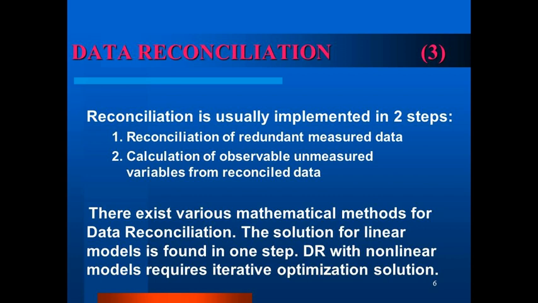There exist various mathematical methods for decomposition of the main model. The same holds also for minimizing the least squares function. The solution for linear models is found in one step. Data reconciliation with nonlinear models requires an iterative solution based on some nonlinear programming method.